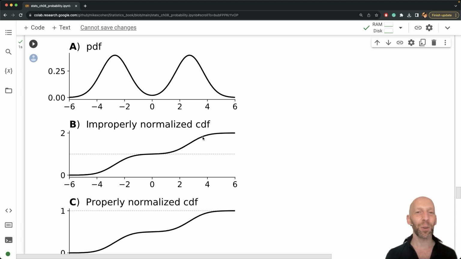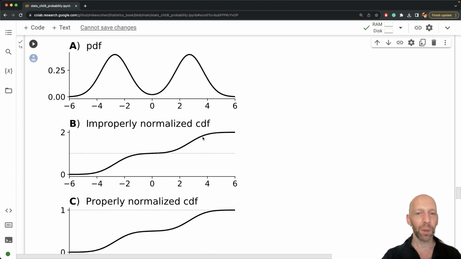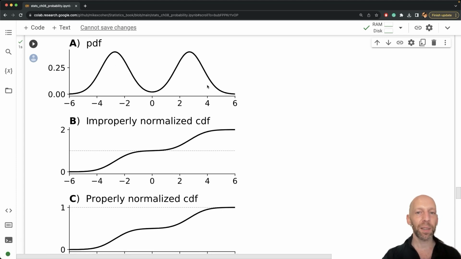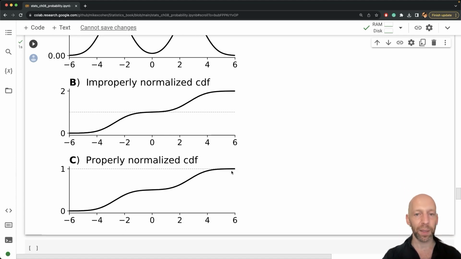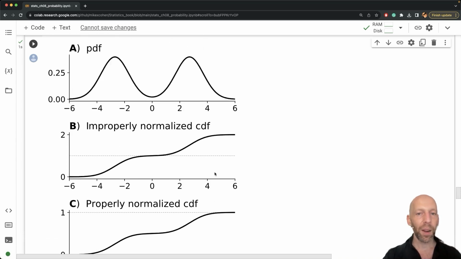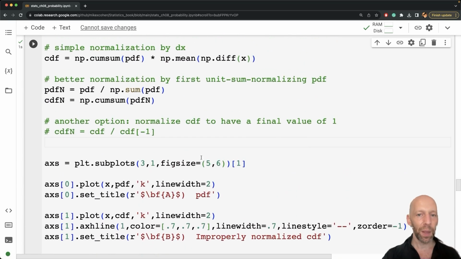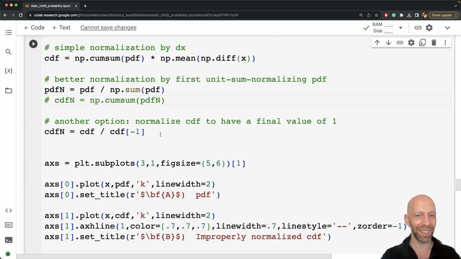So then you need to apply an empirical normalization. Forcing the sum of all the probability values to be 1 is one way to appropriately normalize the CDF. You can see the maximum value here is 1. Another normalization that you can do, which is also kind of trivial in that it's going to work, is this: it's not necessary to comment this line out, but I'll do it anyway just to guide your attention to it.